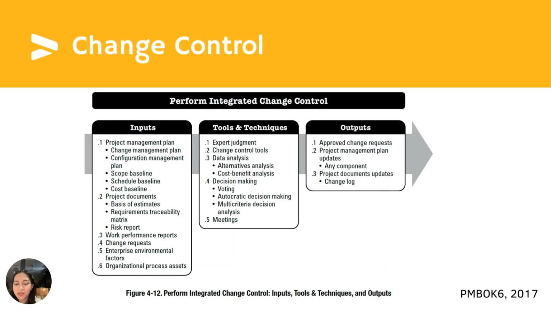These are processed according to the change management plan by the project manager, the change control board, or an assigned team member. And of course, we have an updated project management plan, covering any of the components that might be affected by the change request or the approved change request.